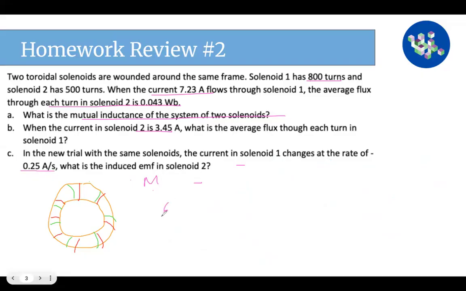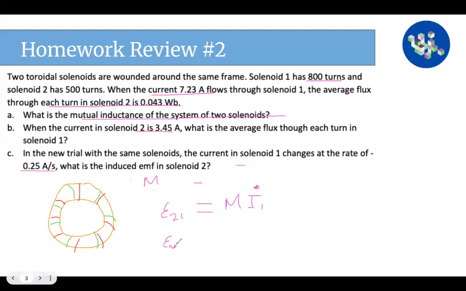Well, because we learned this from mutual inductance, the EMF in solenoid 2 due to solenoid 1 would be equal to the mutual inductance times I1 dot, which is dI1 over dt. You can see it's really similar to what we had for self-inductance.